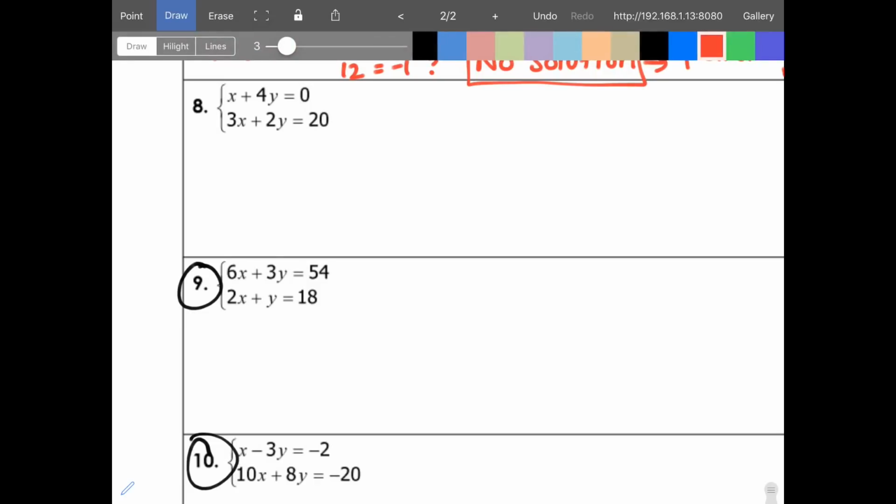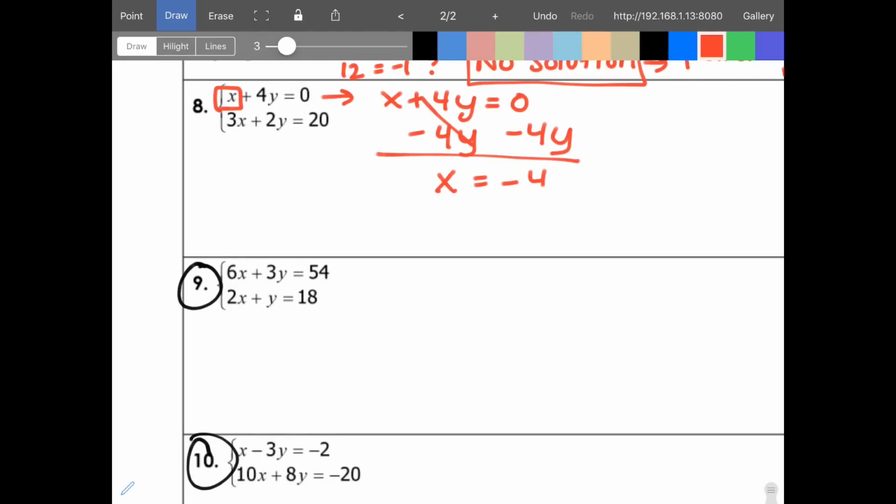So the first thing we do is we look for the easiest thing to get alone. The easiest thing to get alone is x because it's by itself. So x plus 4y equals 0. I'm going to get x alone, so I'm going to subtract 4y from both sides. So x equals negative 4y plus 0, which is just negative 4y.